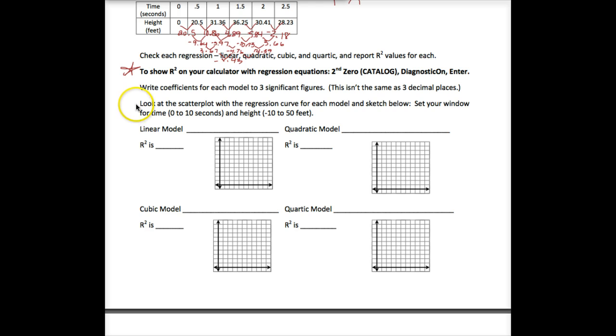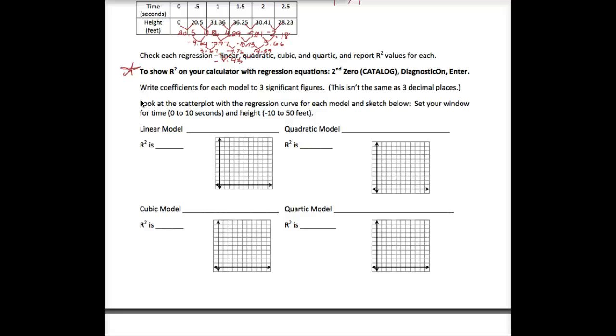Next, we want to make sure that our plot is turned on, so make sure that your plot is on, clear anything that's in your y equals, we don't want that. And then we want to go ahead and clear your list 1 and list 2, so stat, choice 4, clear list 1, comma, list 2, press enter, and then go ahead and enter your data. So in L1, we're going to have the time, so starting with 0, and then 0.5, 1, 1.5, 2, and 2.5.